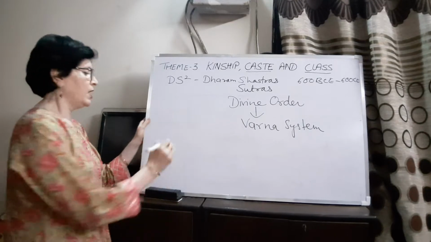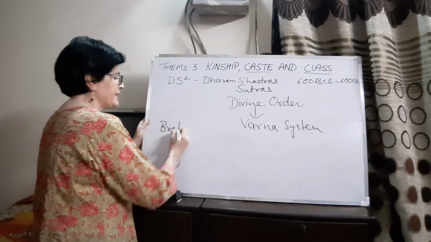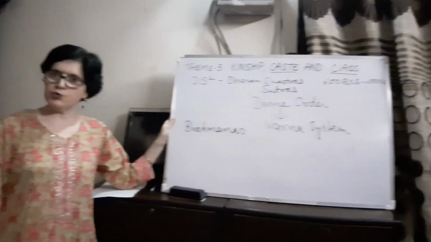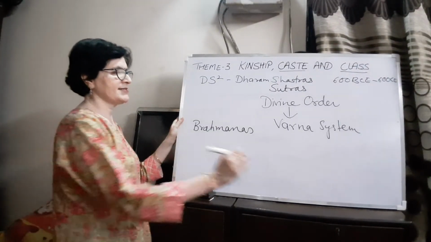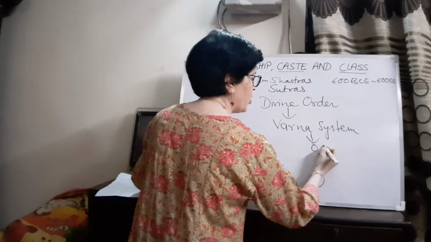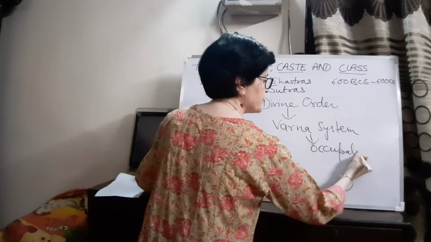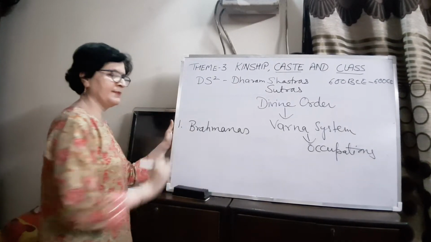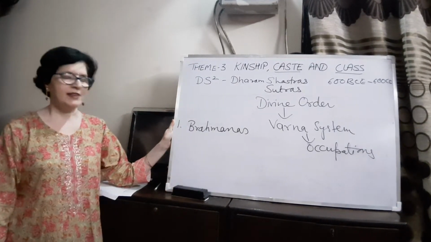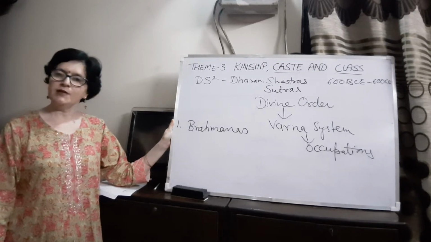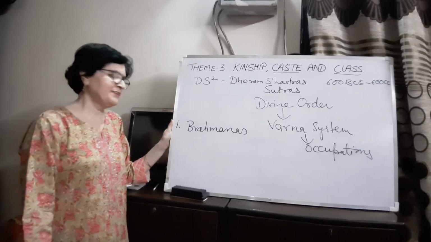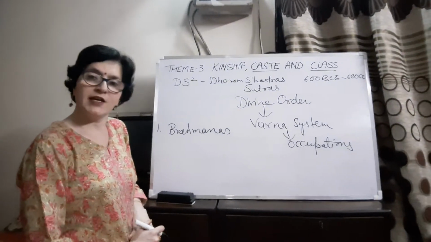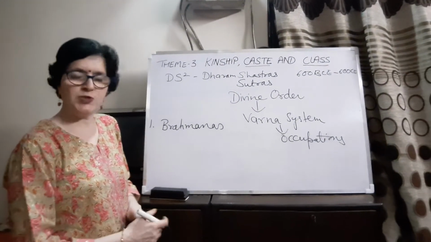According to this, Brahmanas have to perform some duties because the varna system was based on occupations. Brahmanas were the first in the varna system, and they have to study the Vedic texts, the Vedas, and perform sacrifices for the king or for rich people.